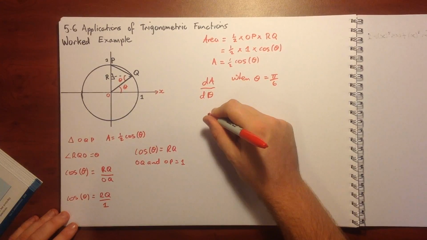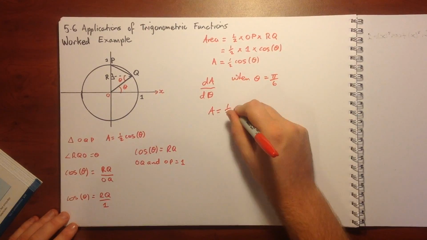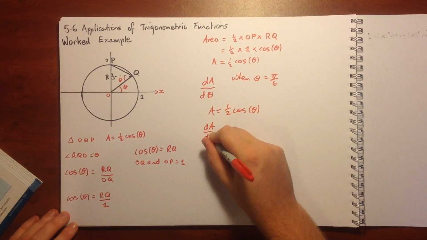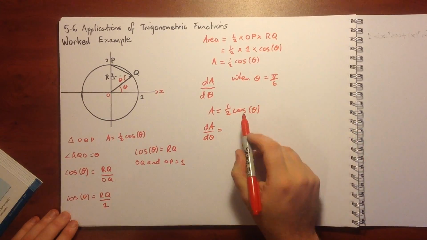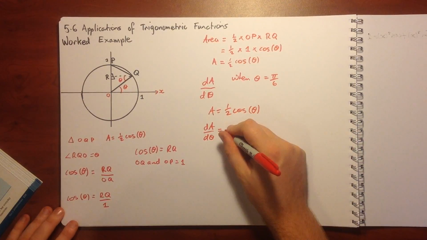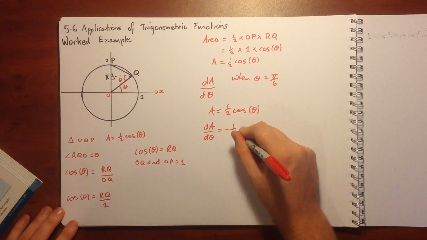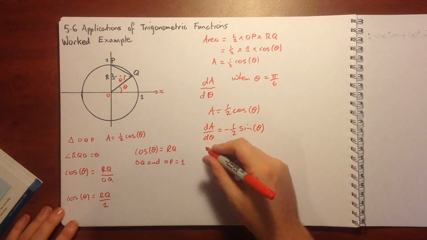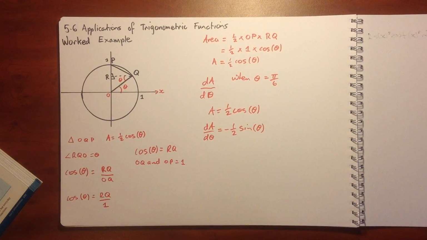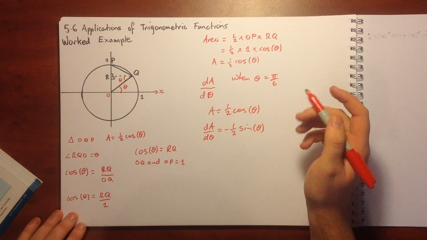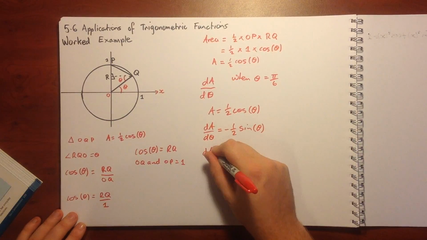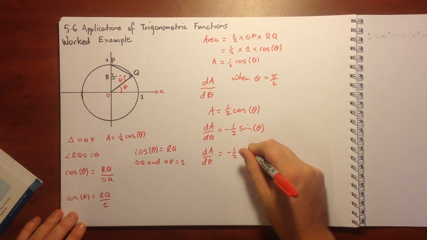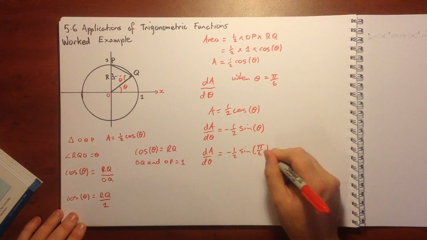We know that A equals a half cos theta, so dA d theta: cos goes to negative sine, so it becomes negative a half sine theta. When we put in theta equals pi on 6, dA d theta becomes negative a half sine of pi on 6.